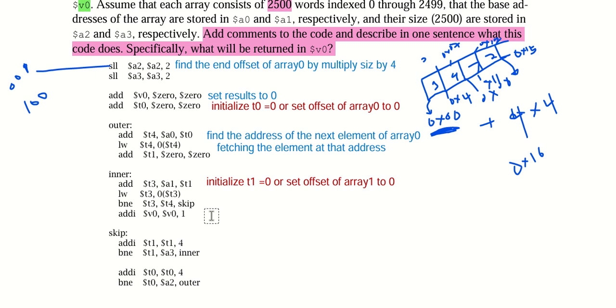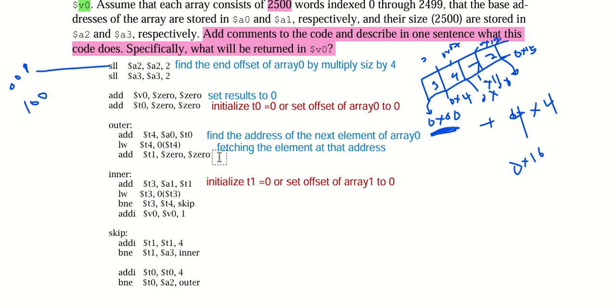Now, when we come to the next line, realize that we are loading, right? And we are loading by what? We are loading by the new address we've evaluated in T3, and we are storing the results in T3. So this is also like fetching the ith or the jth element in this case of what? Array 1, right?